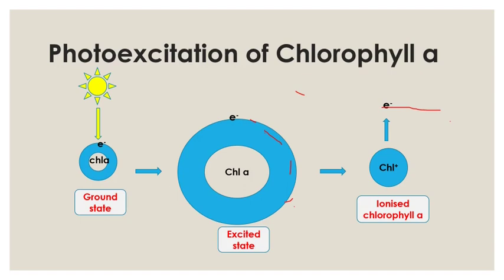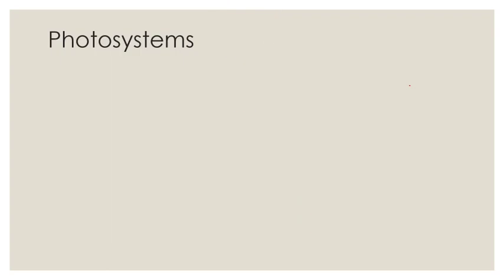This happens with every pigment when it is exposed to solar energy, when the photons fall on them. Initially they are in ground state, then they become excited, and at the end the electrons are released. So due to the solar energy, there is release of electrons from every different type of pigment. In this picture, you can see it in the case of chlorophyll A.